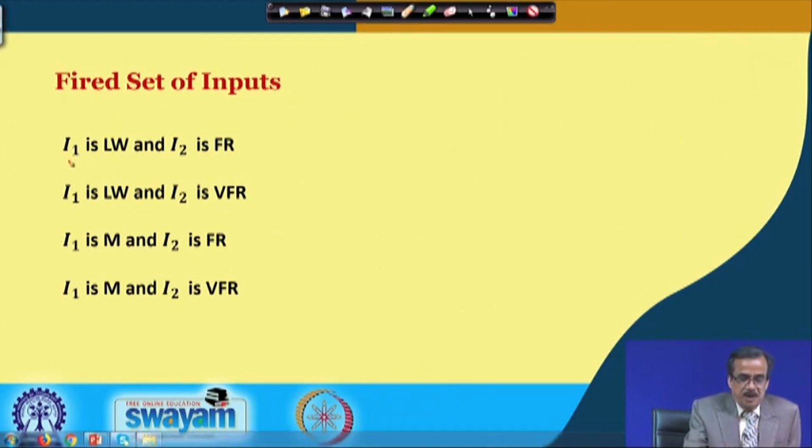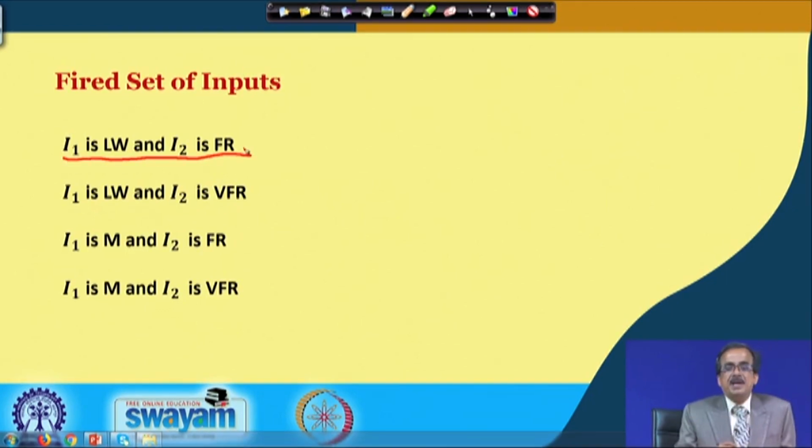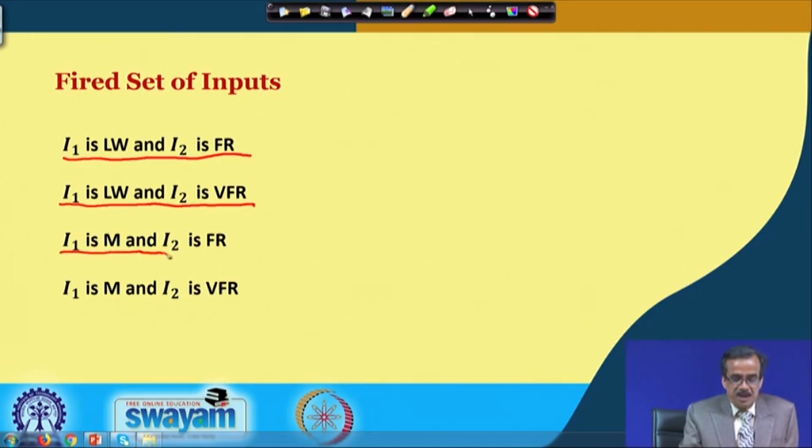If I 1 is low and I 2 is far, this is the first set of the fired input variables. The second set is if I 1 is low and I 2 is very far. Then the third set is if I 1 is medium and I 2 is far, and the fourth set of fired inputs is if I 1 is medium and I 2 is very far.